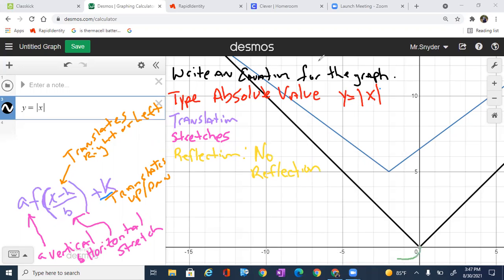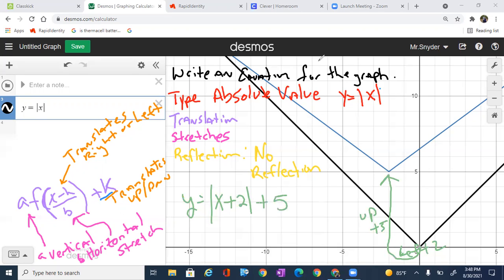Well, if we look at it, I'd have to go over 2 and then up 5. So positive 5 and left 2. Now, when we write those translations in there, if I go to the left, I simply write x plus 2, and then up 5.